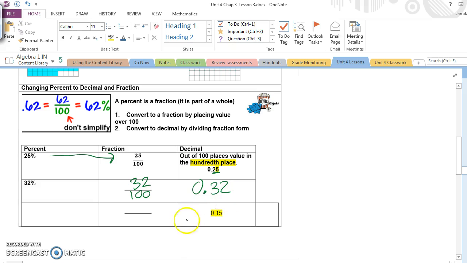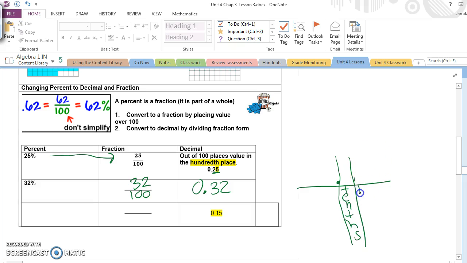If we take a look at 0.15, what if they give us the decimal? Well, you simply have to remember place value. Place value is so important. So here's our decimal. Here we would have tenths, that'd be the first place value after the decimal. And then we would have hundredths, and that would be the second place after the decimal.